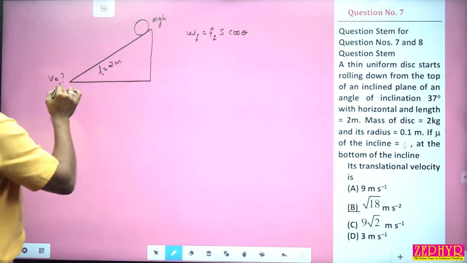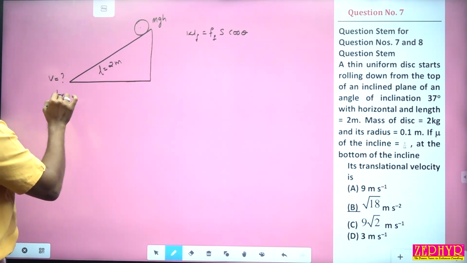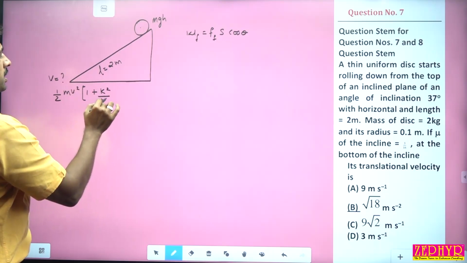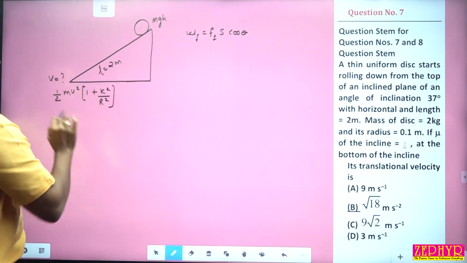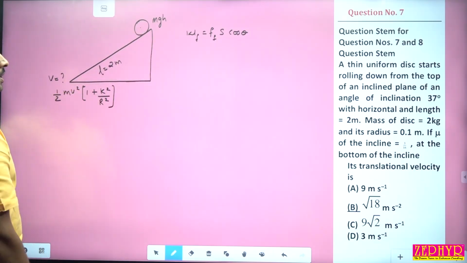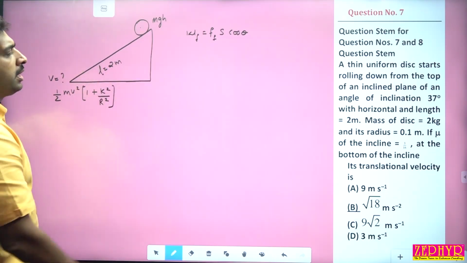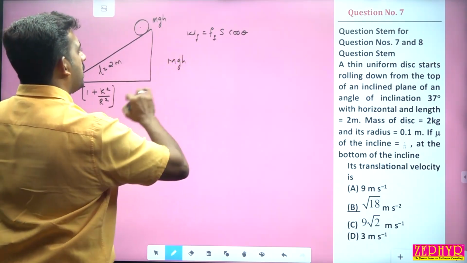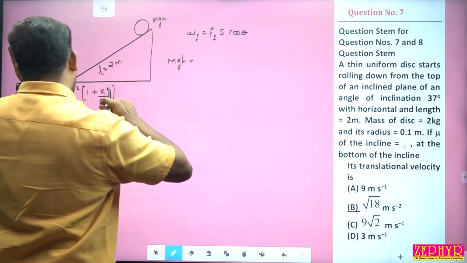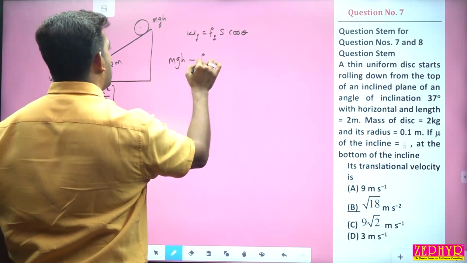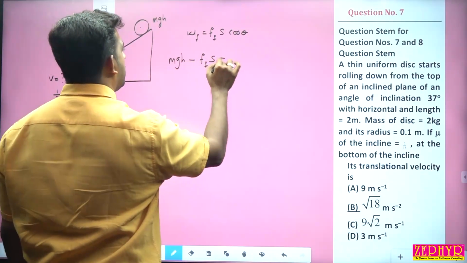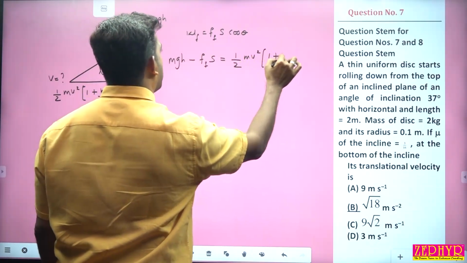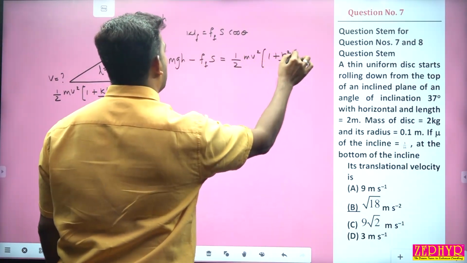It has a total kinetic energy at the bottom equal to half m v squared into (1 plus k squared by r squared). And mgh is not equal to half m v squared into (1 plus k squared by r squared), because some amount of energy has been lost due to friction. So mgh is the total energy, which, subtracted by the work done due to friction, will be equal to half m v squared into (1 plus k squared by r squared).